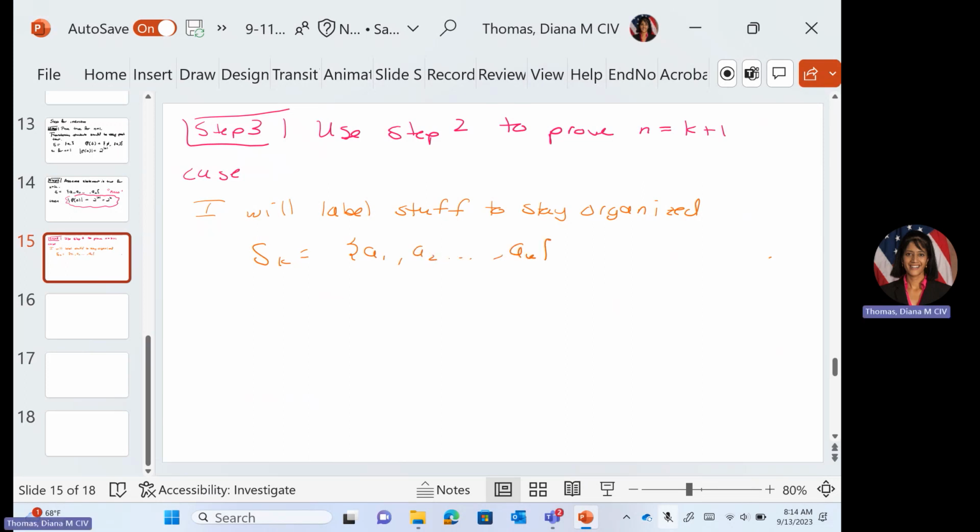I'm going to call that SK so that it's the kth case. And I'm going to call SK plus 1 the set where I'm just going to stick in one more element. And I'm just going to reframe my nugget: the cardinality of the power set of SK is equal to 2 to the K. I'm just going to rewrite it so I have it all organized.